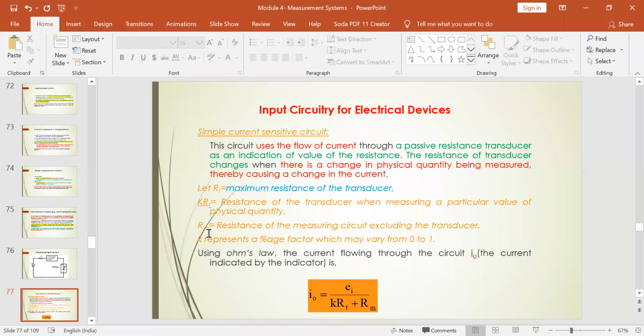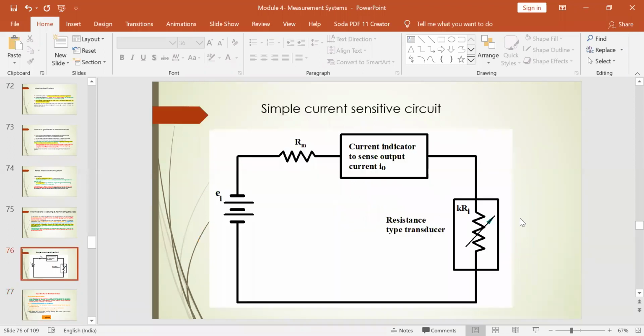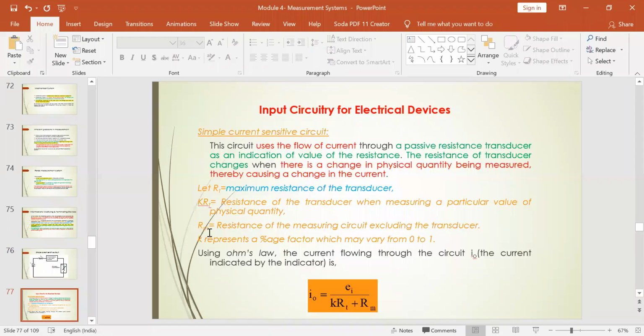R suffix M will be nothing but the resistance of the measuring circuit, excluding the transducer, because you have a resistance type transducer and you have a passive resistance material. If you include the resistance type transducer resistance also, the value of R will be different. So you have to exclude the resistance of the resistance type transducer to get the value of R suffix M.